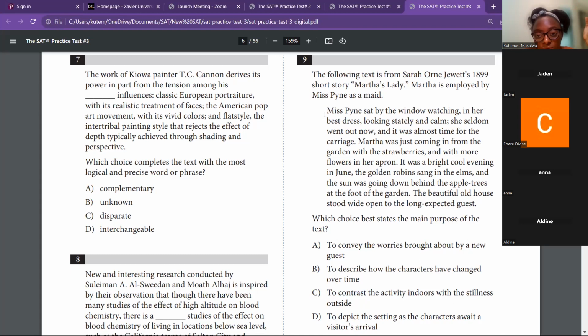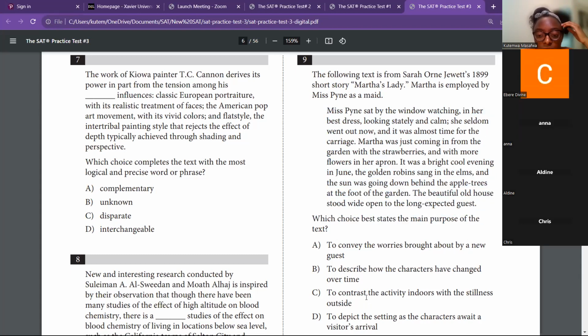But this passage is not doing that. Yes, it mentions the outside, yes, it mentions the inside, but it's not contrasting the outside and the inside, which is why I said the keyword is very, very important. So keep that in mind as you go through.